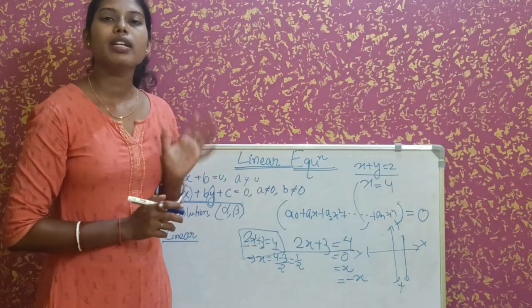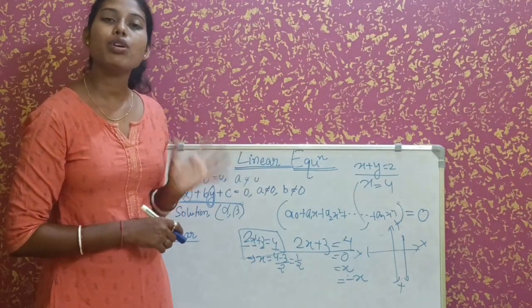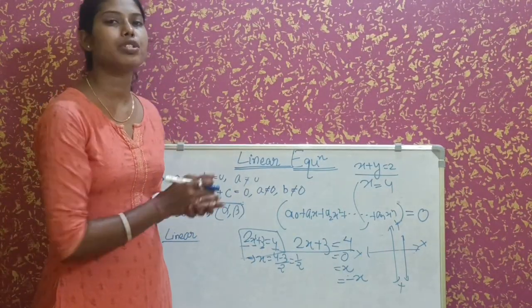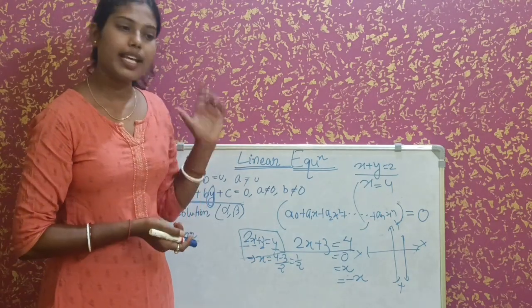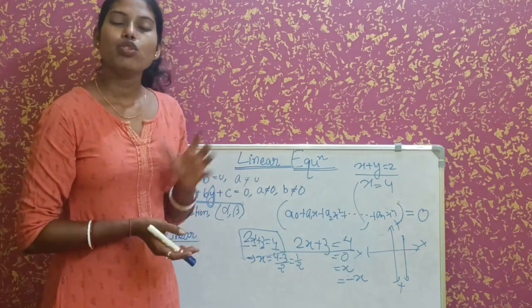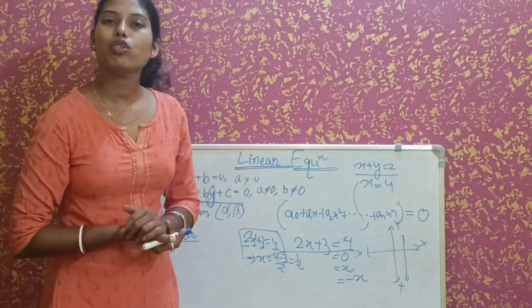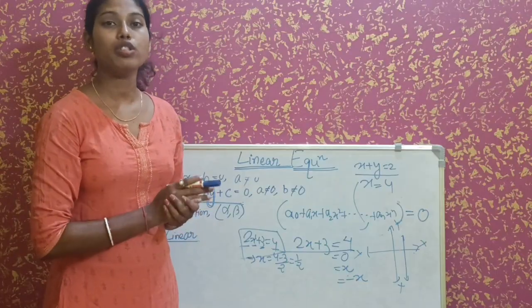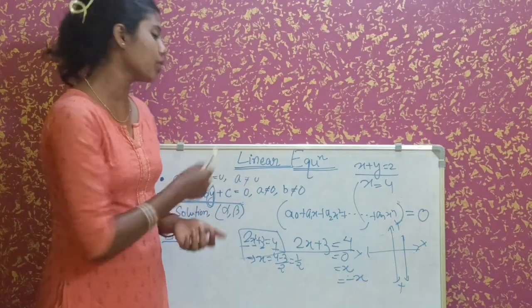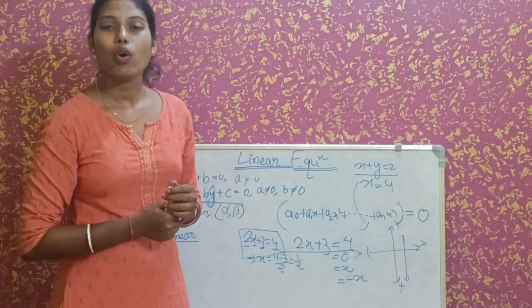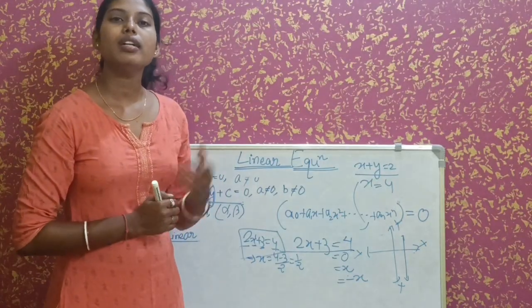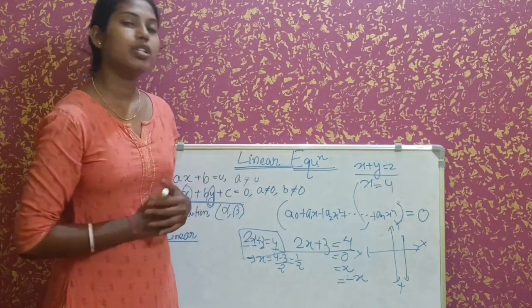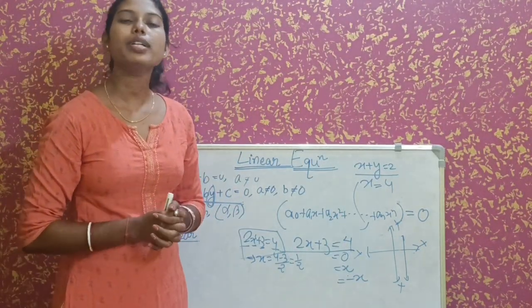So obviously for different values of x and y, this equation can be satisfied. तो वो जो different values हमको मिलेंगे, those are called the solutions of the linear equation of two variables, or roots of the linear equation of two variables. How can I get the root?